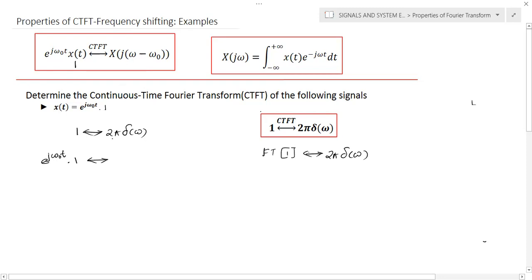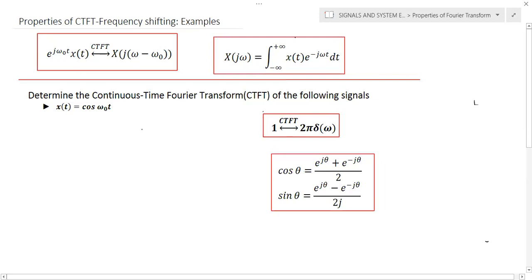The transform is 2 pi into del of omega, so multiplying with e raised to j omega 0 t, it becomes 2 pi into del of omega minus omega 0. In the frequency domain, del of omega minus omega 0 means an impulse located at omega 0, whose area is 2 pi. So this is the transform of the signal e raised to j omega 0 t.